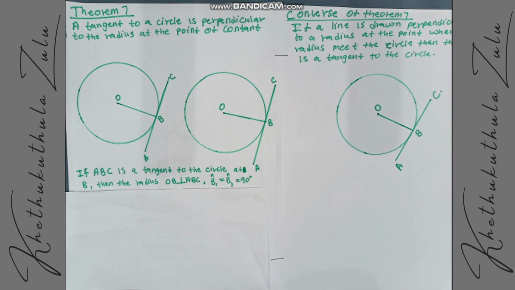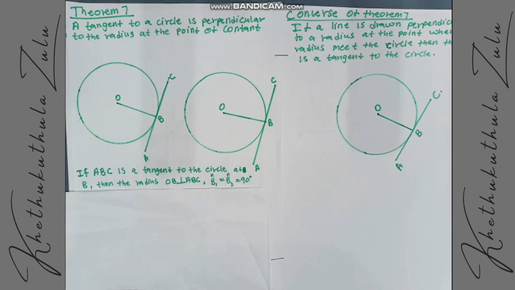And also we have the tan chord theorem, but on this one we will cover two types of the tangent in terms of theorem. The first one that we are going to do is tan perpendicular radius.